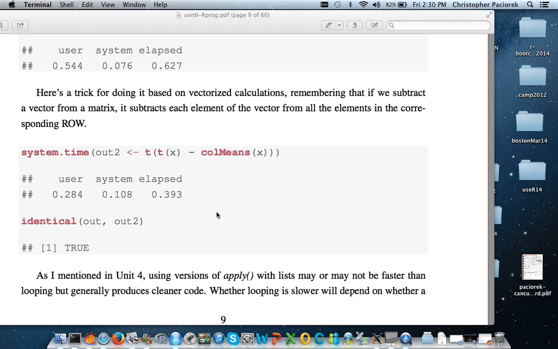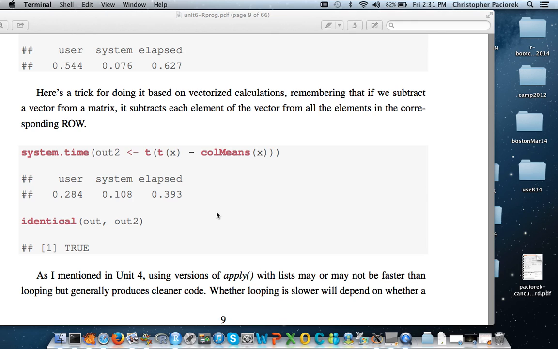So if R stores matrices like this, then it makes sense that if you subtract a vector from a matrix, R wants to treat the columns as the units of the operation as opposed to the rows. Therefore, by default, any vector that gets subtracted from a matrix is going to be this vector subtracted from this column, the same vector subtracted from this column, the same vector subtracted from this column, and so on and so forth.